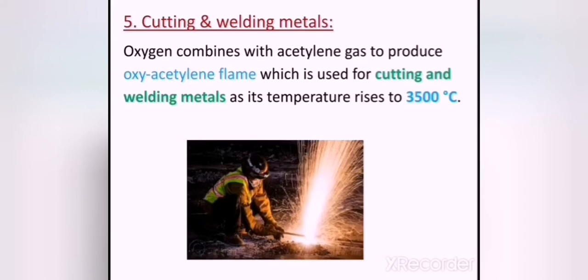The last one is cutting and welding metals. The oxygen gas can combine with acetylene to produce oxyacetylene flame. Its temperature rises to 3500, so it's used to cut and weld the metals.